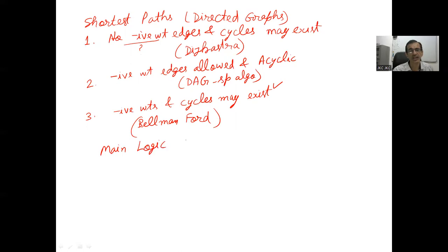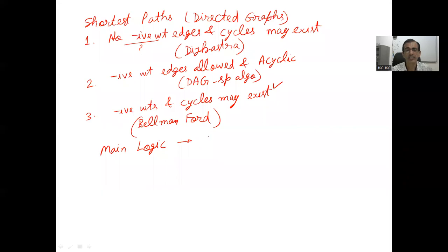In the case of Dijkstra, the main logic was that the lightest edge or lightest vertex could be chosen, stepwise on each step, so that the distance was finalized for the lightest vertex, and that was final.